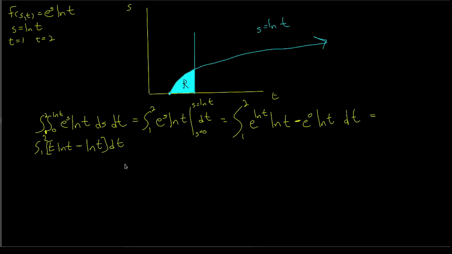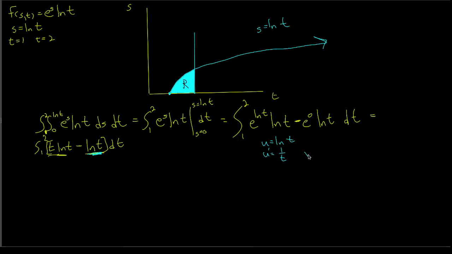And now we're going to play some games with integration by parts. Natural log of t was an example in the textbook from Calc 2 for integration by parts, but I'll redo it over here. What I'll do is I'll do this part, and then in this part is integration by parts. So I'll start with this in blue. I'll say that u will equal natural log of t, and u prime will equal 1 over t.